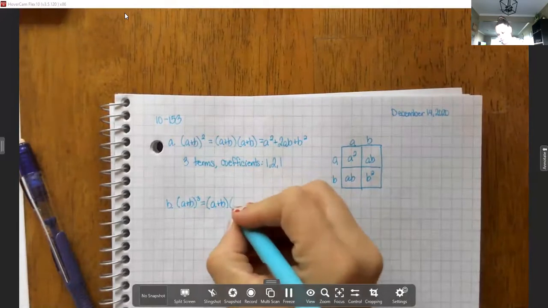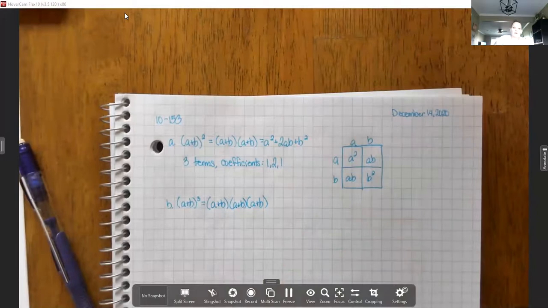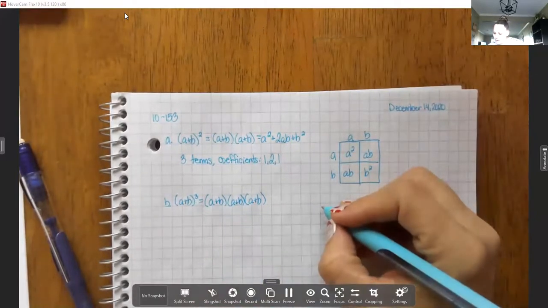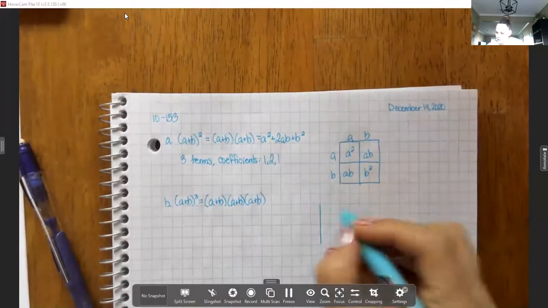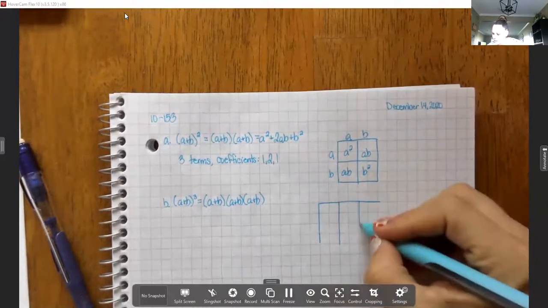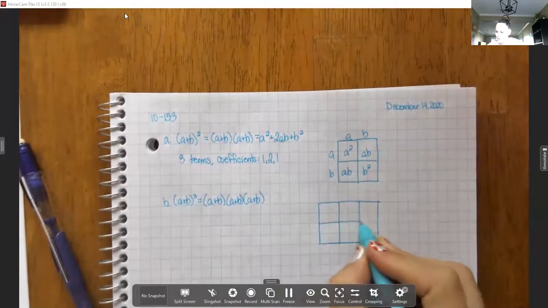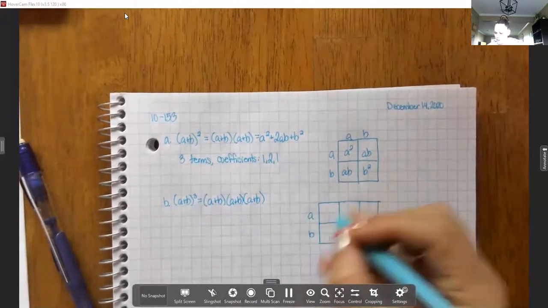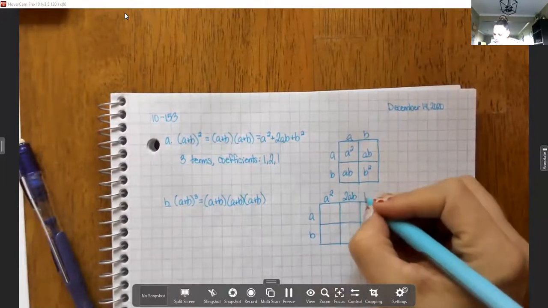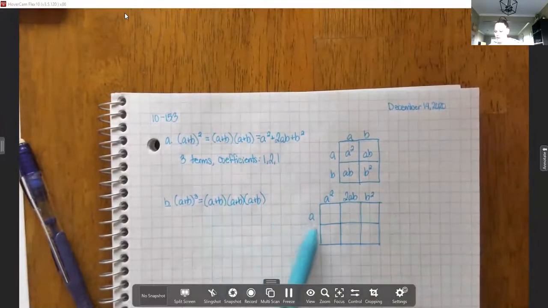So basically we're going to take what we got from part A and multiply it by another a plus b. So this was a plus b squared, the first two, and then another a plus b.